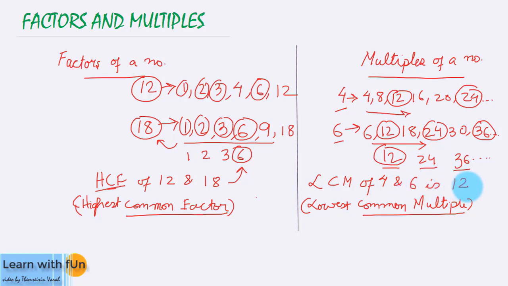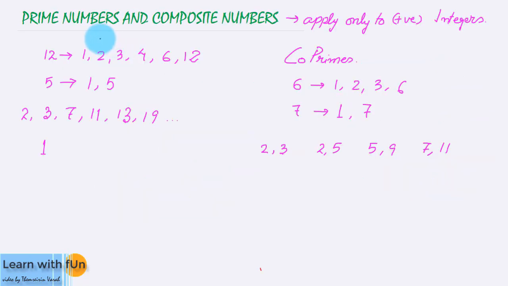Now moving on to our next topic, which is prime numbers and composite numbers. Let's take 12 again. The factors of 12 are 1, 2, 3, 4, 6, and 12. You will see that there are 6 factors. Whereas if you take 5, you'll find that it has only 2 factors, 1 and 5.